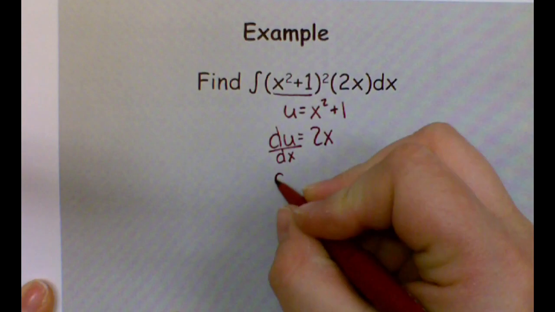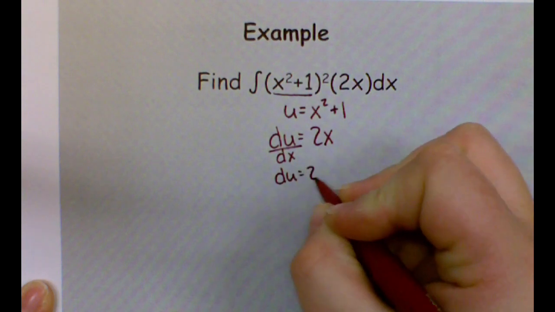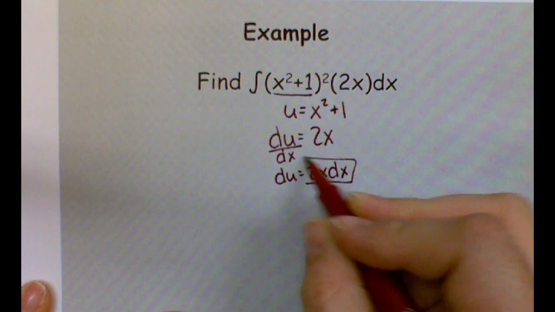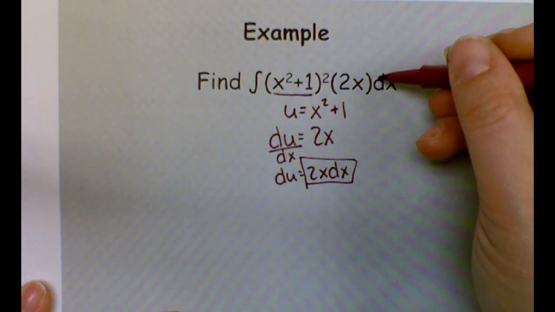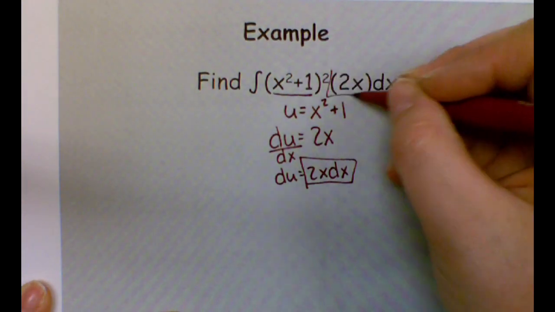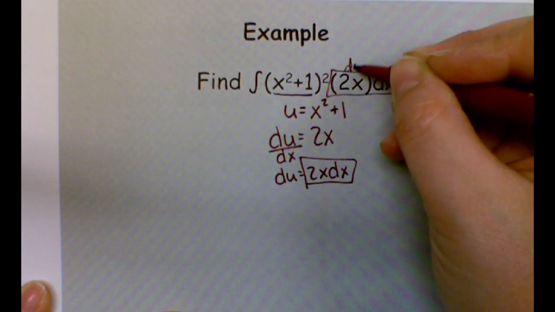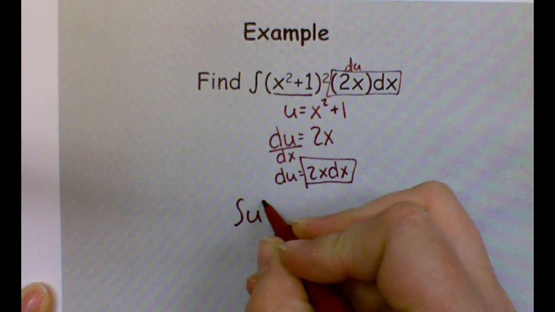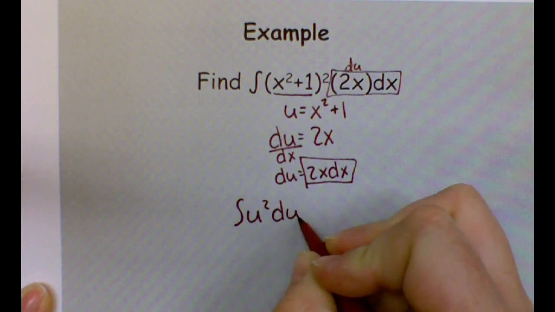But we're actually going to write it as du equals 2x dx. If I can find 2x dx in this problem, I can substitute in a du. So I have rewritten this as the antiderivative of u squared du.